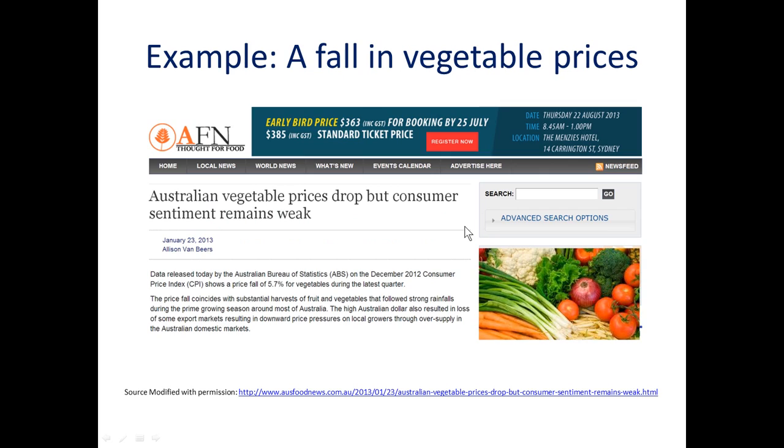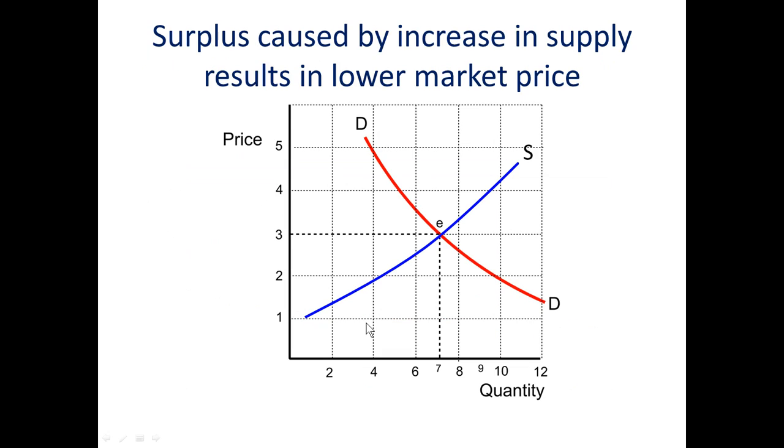Let's take an example. Here we have a news item off the internet which reports on a fall in vegetable prices due to strong rainfalls and pressures on local growers to dump vegetables because foreigners are not buying them. Let's see this on a graph.